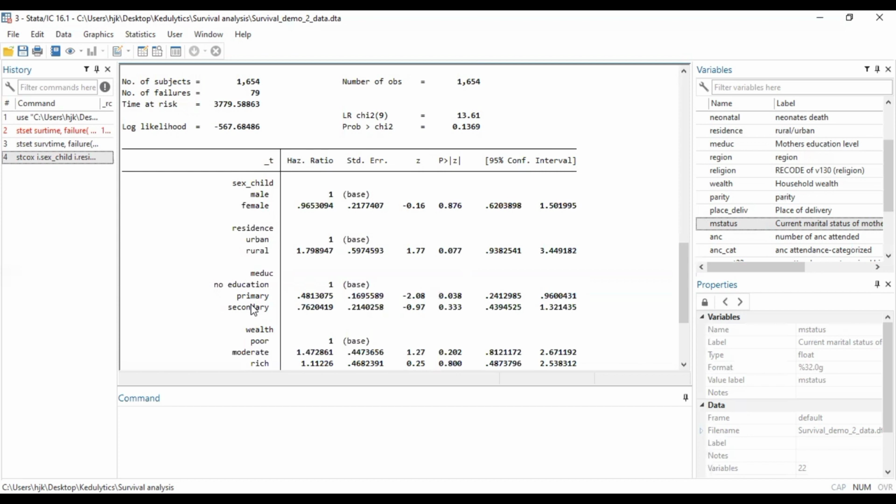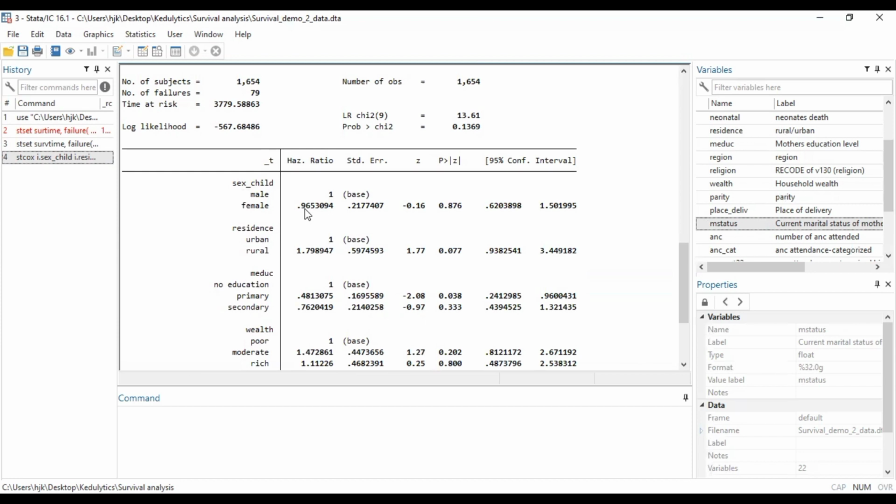Generally, the interpretation of the hazard ratio is in relation to one, or the reference. So we always do a hazard ratio when we're comparing two groups. Here we select one as the reference, so male is the reference, and female is the one being compared.